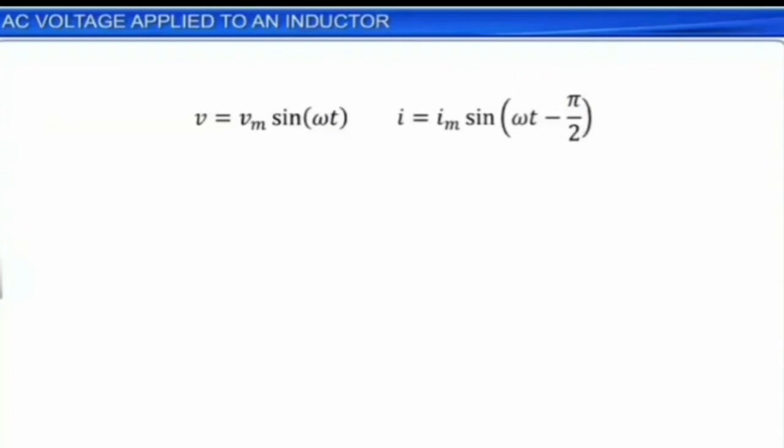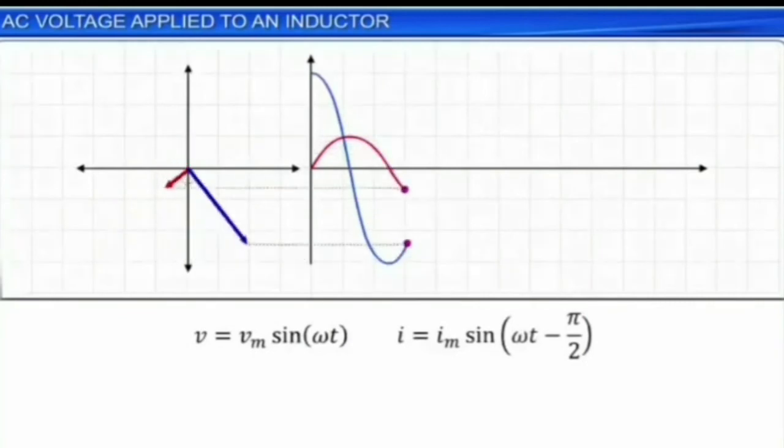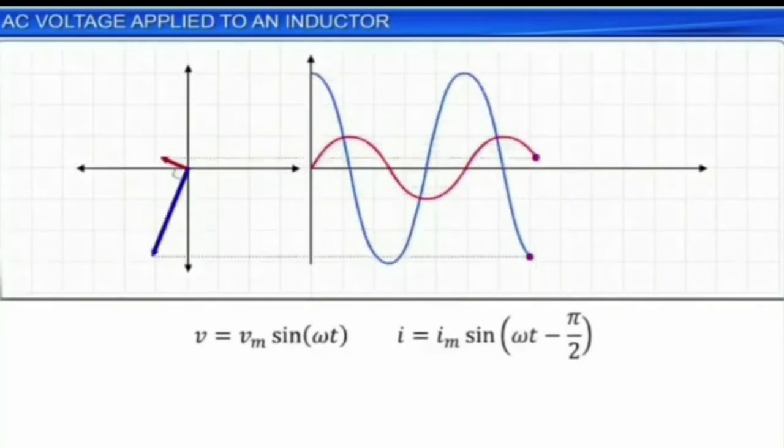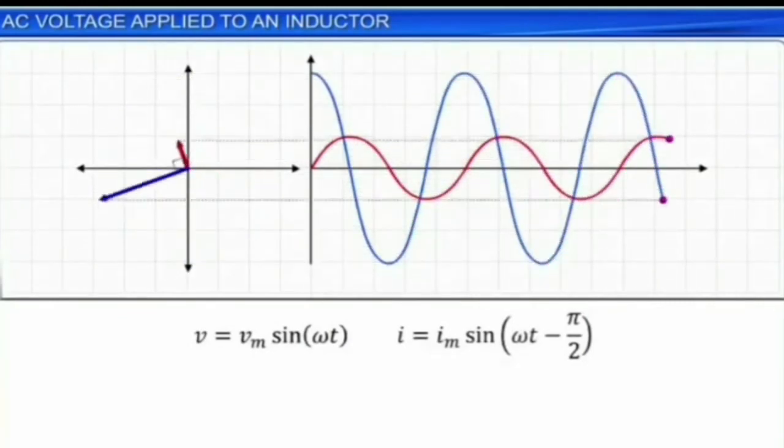We know the voltage and current, when an inductor is connected to an AC, have a phase difference of pi by 2. Here, current lags behind the voltage by an angle pi by 2.